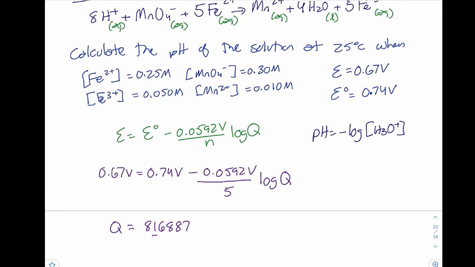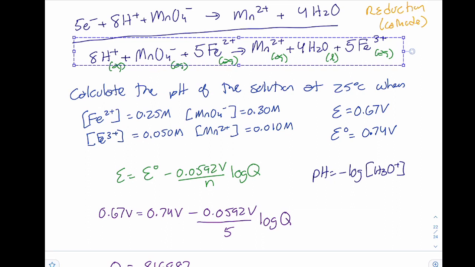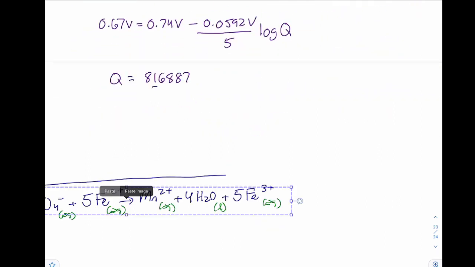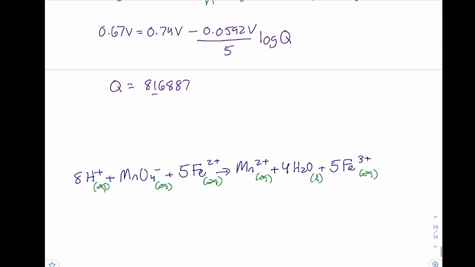So we're now going to set up our expression for Q. And I'm just going to copy this equation down so I don't need to scroll so much. I know that Q is going to be the concentration of manganese 2 plus.